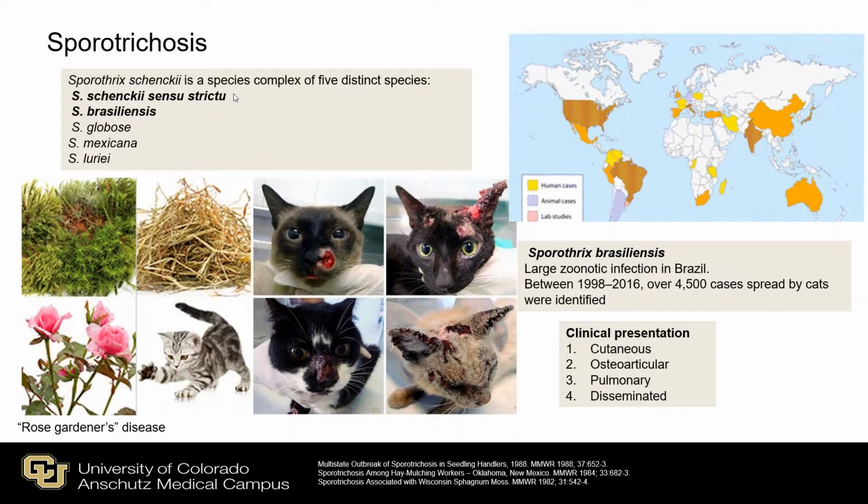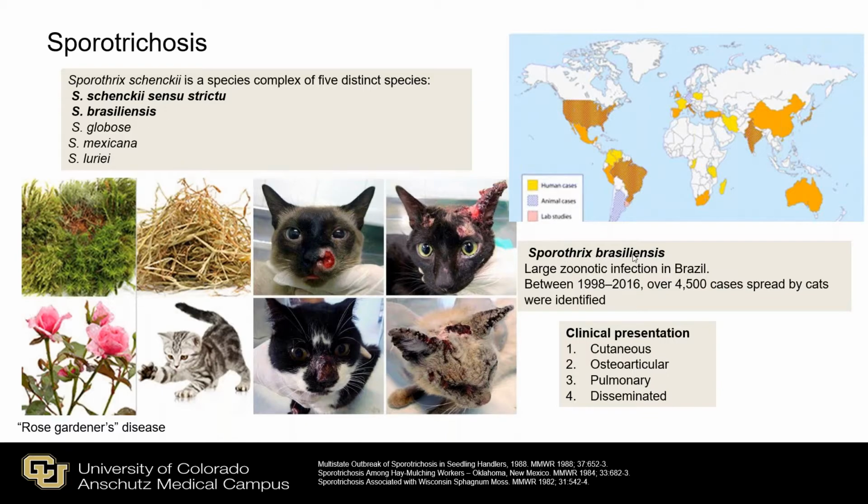Sporothrix schenckii is a species complex of 5 different species. So Sporothrix schenckii sensu stricto and Sporothrix brasiliensis are the major pathogens involved. And this is a world map, and you can see that these are the countries where we have issues with sporotrichosis, and India is also part of those countries.